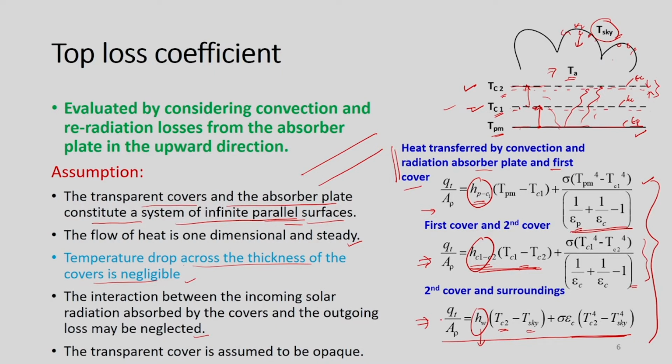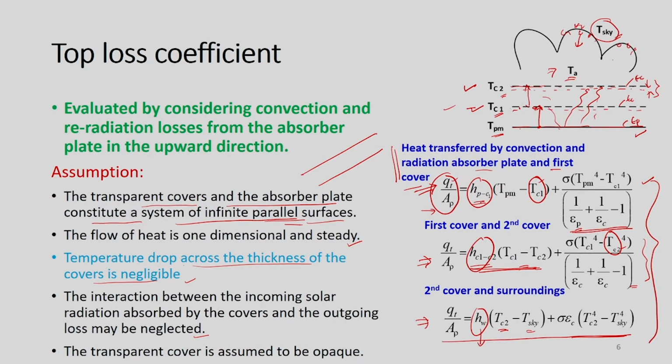In this expression, our primary intention is to calculate this Qt by AP, right. Qt, TC1, TC2 are the unknowns, right.